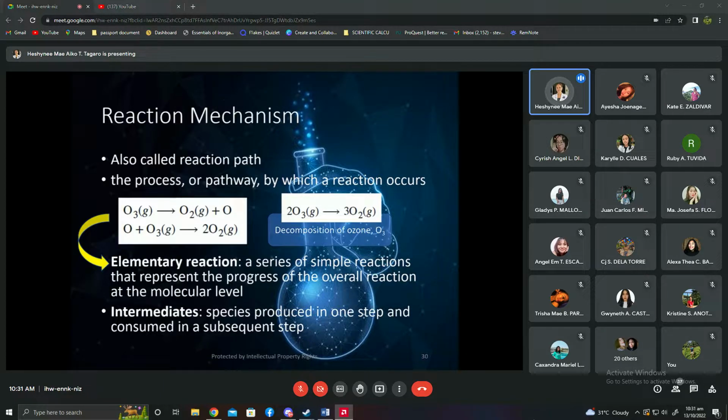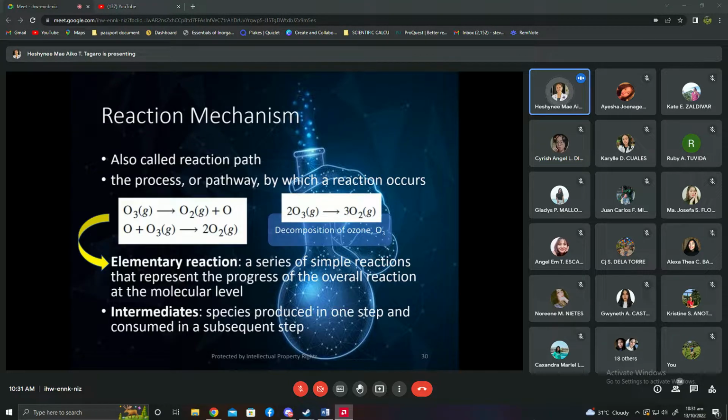So while the overall reaction equation for the decomposition of ozone indicates that two molecules of ozone react to give three molecules of oxygen, the mechanism of the reaction does not involve the collision and reaction of two ozone molecules.